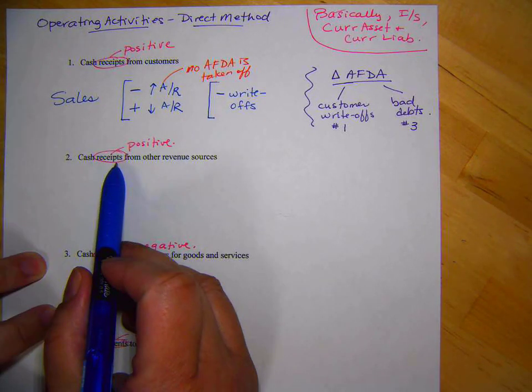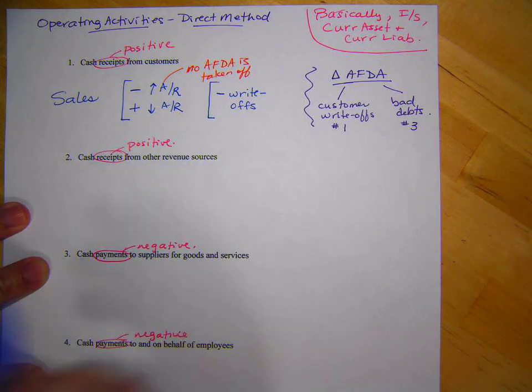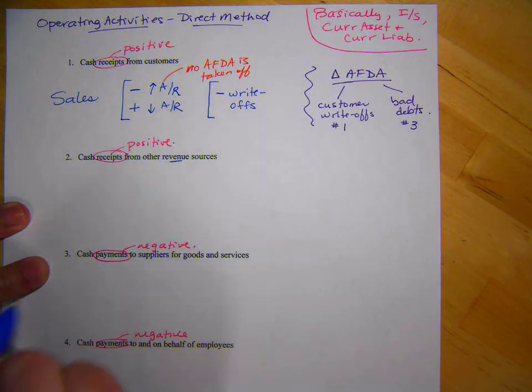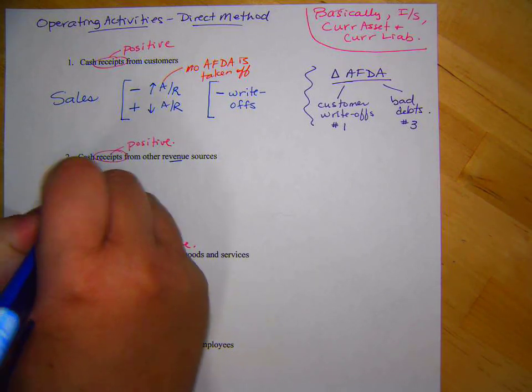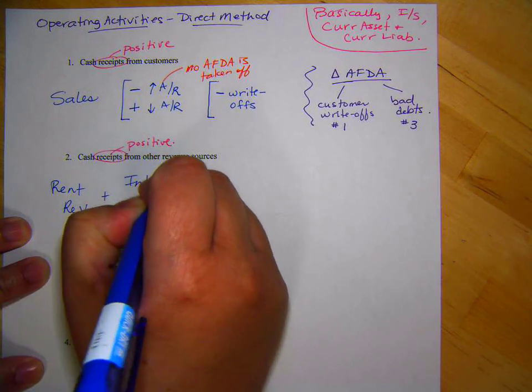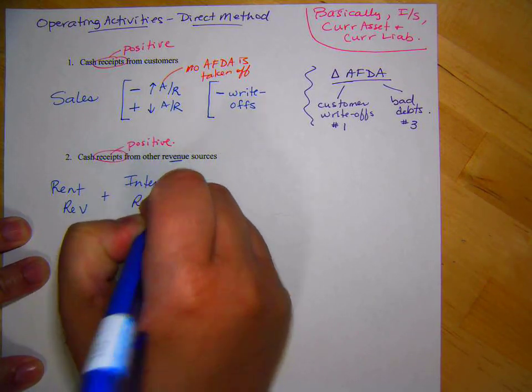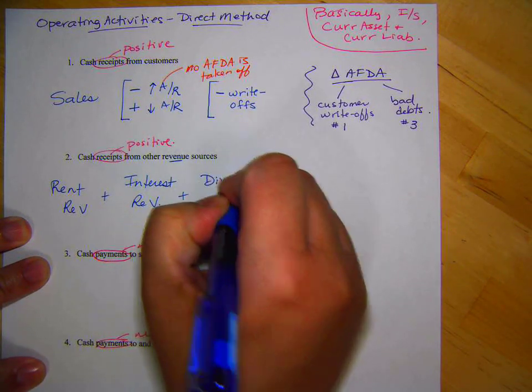So number 2, cash receipts from other revenue sources. So that's going to depend on what other revenue sources you have. Every question is going to be different. But you can think about things like rent revenue, interest revenue, dividend revenue.